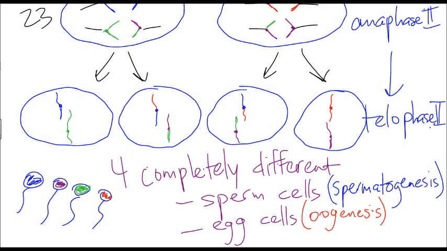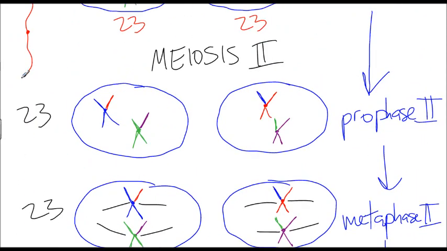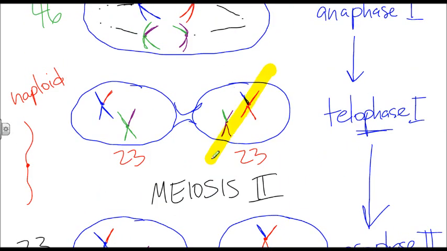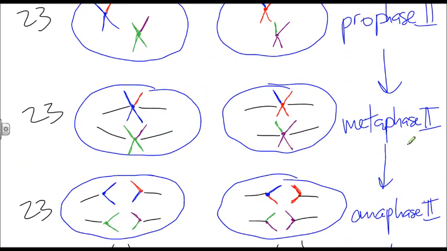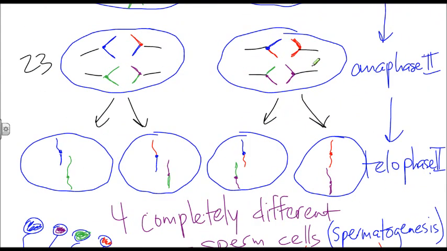If we look at this formation, what happens in females is at the end of meiosis 2, only one of these is going to survive, and the rest of the material is just going to disintegrate. So we're not going to have this part happening.